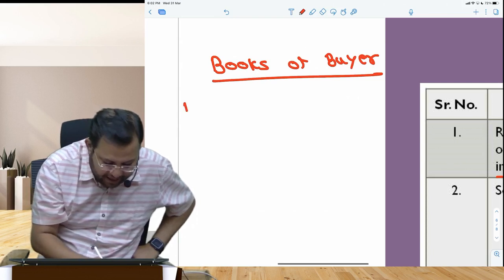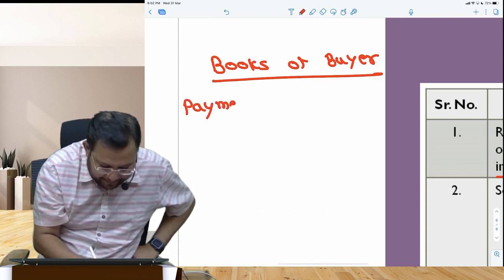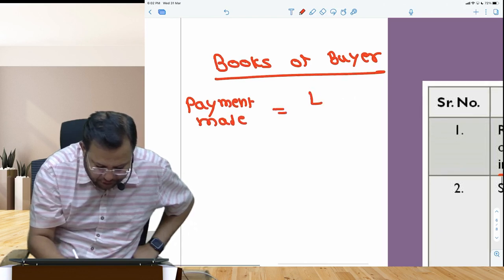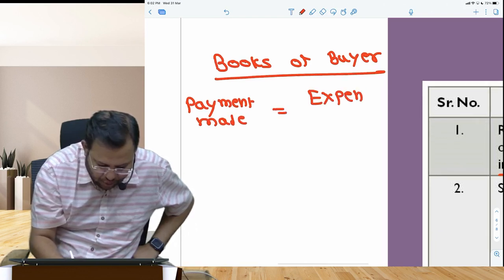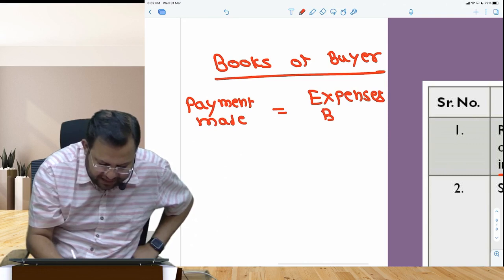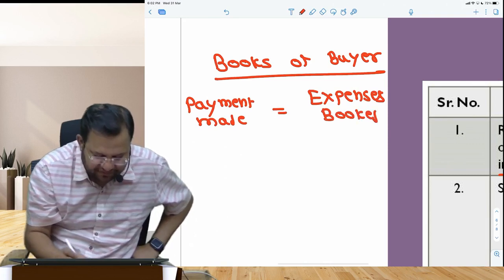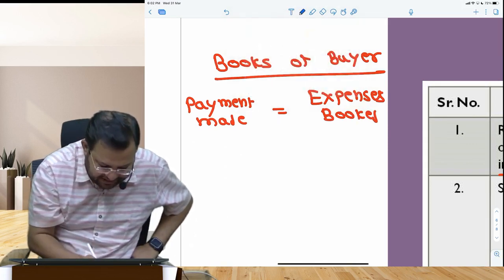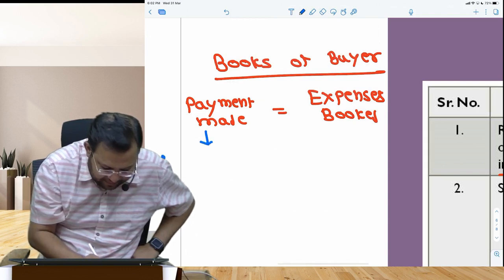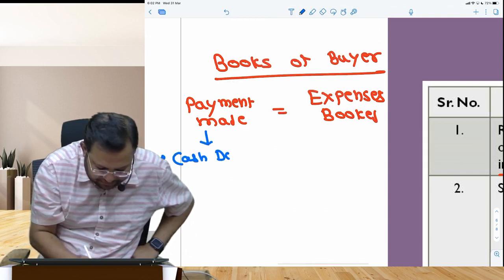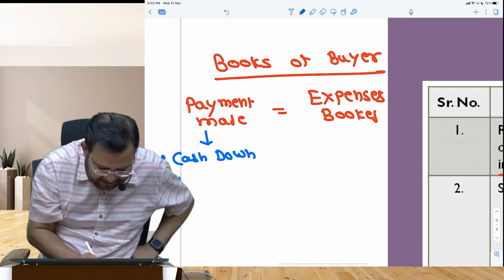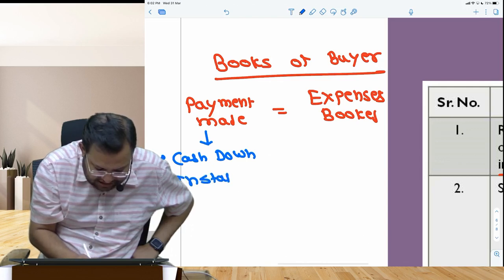Books of buyer, payment made must be equal to expenses booked. Whatever payment buyer has made till the time of repossession, that payment made comprises of cash down plus installments and settlement amount.